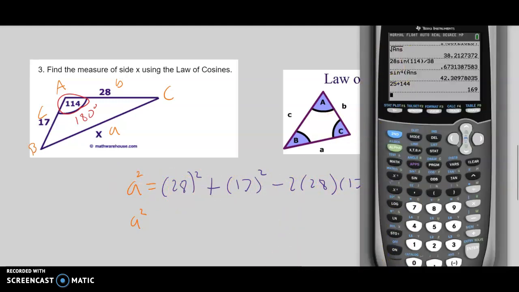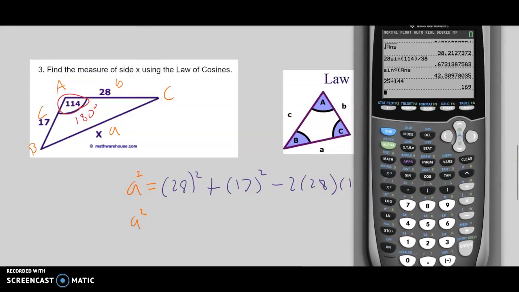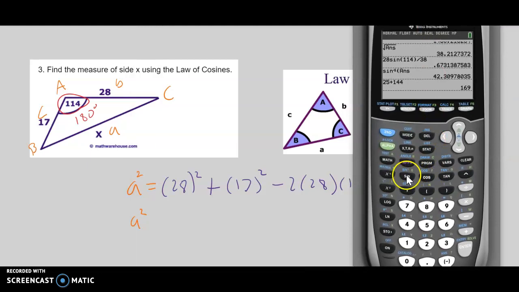Let's do that really quickly. I think I did it earlier, this is from the live review. So we're going to do 28 squared plus 17 squared minus 2 times 28 times 17 times the cosine of 114.